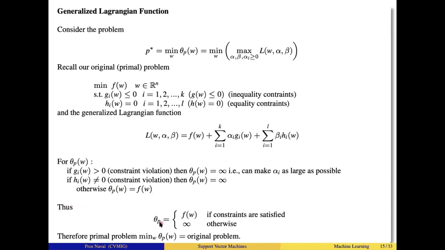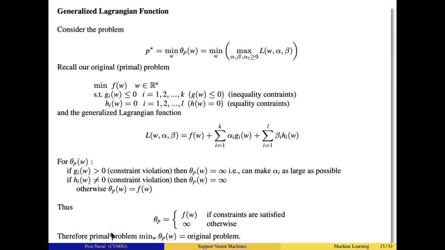Therefore, for theta p, if the constraints are satisfied, we have the original problem. On the other hand, if the conditions are not satisfied, there are constraint violations, this whole thing becomes infinity.